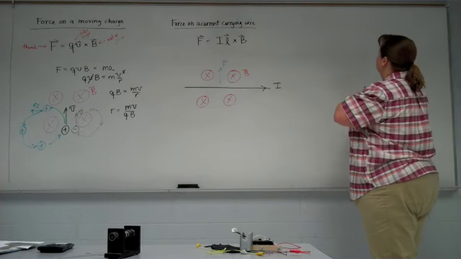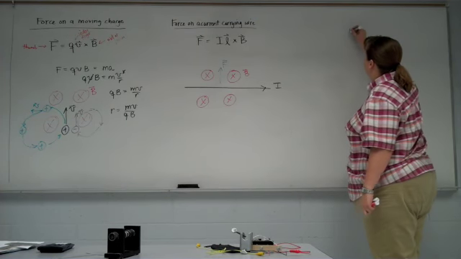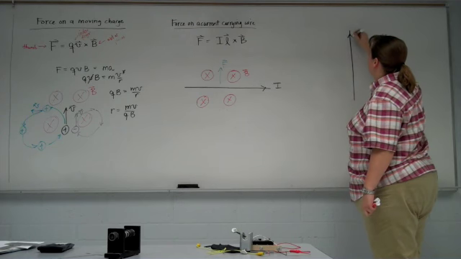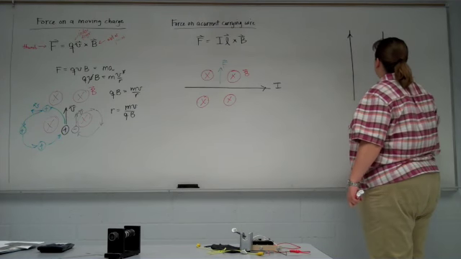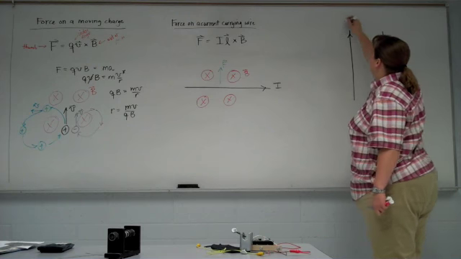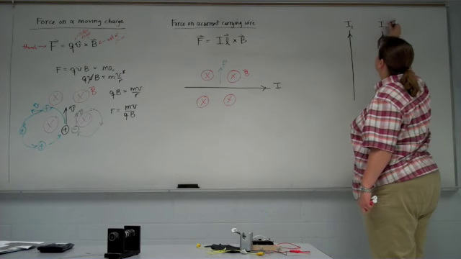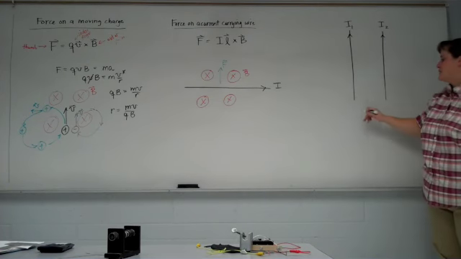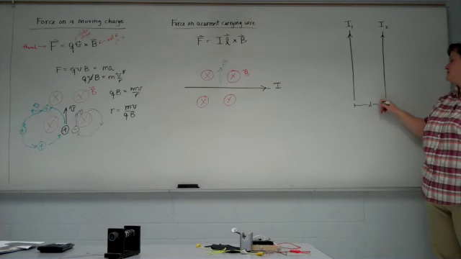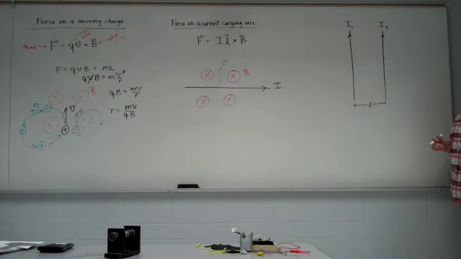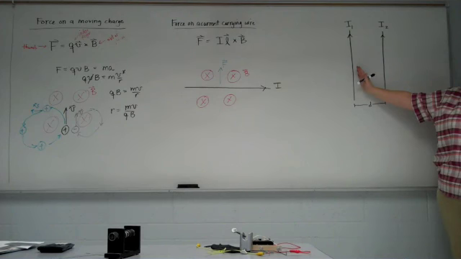A common example would be, say, yesterday we looked at two parallel wires that were both carrying current. We'll call them I1 and I2. They were some distance apart. Both wires are creating magnetic fields. That means wire 1 is placed in a region where there is an external magnetic field.